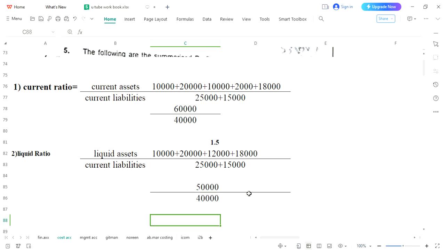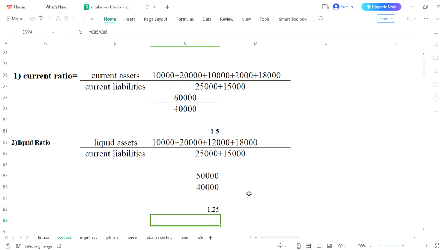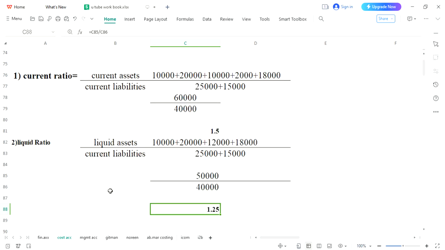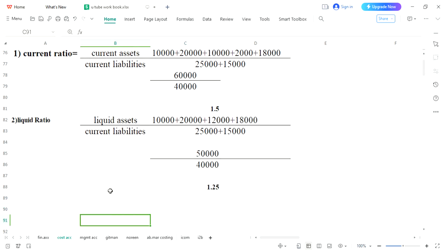Now we are open to calculate liquid ratio, liquid assets divided by current liabilities. So we have got 1.25 for liquid ratio. This is your liquid ratio, and first year answer you can see is 1.25. Alright guys, in this way we have completed our liquid ratio.